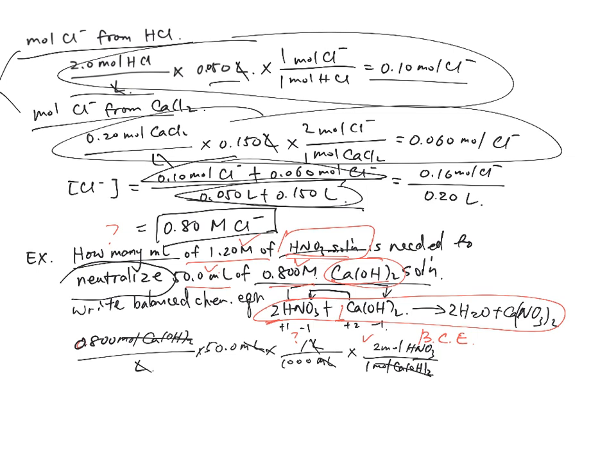I only have moles of HNO3. How do I get the volume? Well, you do have another numerical condition that you didn't use, right? What's 1.2 molar? 1.2 molar means 1.2 moles of HNO3 per liter of solution. Wait a second.